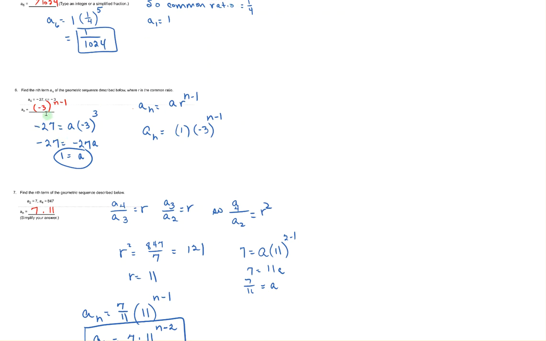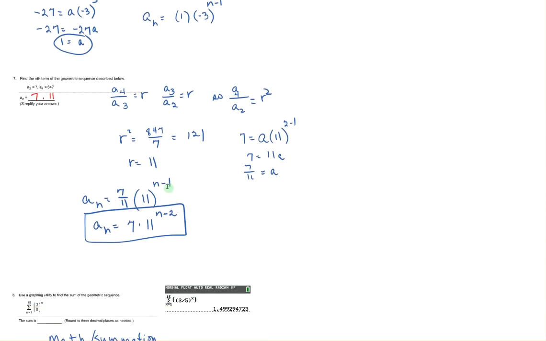We start here because we know a sub 4 is -27, so -27 is equal to a, we do not know the first term, times r, -3 to the 3rd. -3 to the 3rd is -27. We'll divide -27 over there so that we get 1 is a. And so a sub n is going to be 1 times -3 to the n minus 1. We don't have to put the 1 in our final answer.